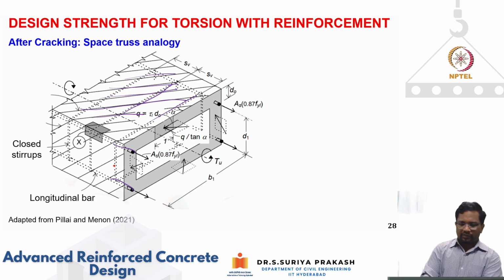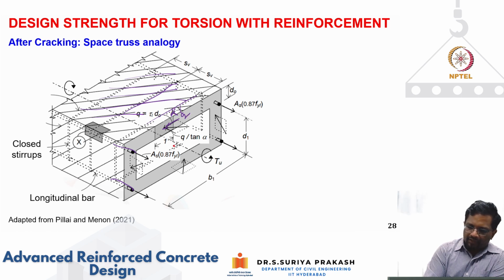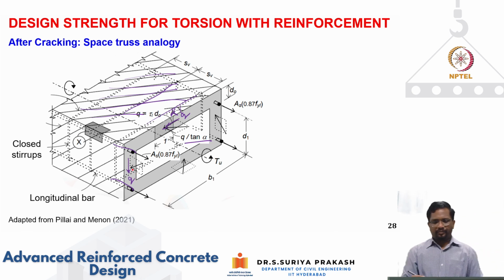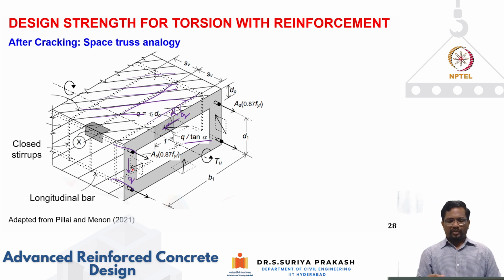If you look at the shear flow, this is your shear flow, this is your angle alpha, the crack angle, and this is your q. If you take this as q, in the perpendicular direction I'm going to have q by tan alpha, and similarly in this direction you have q. So you'll find that the perpendicular will be q tan alpha.